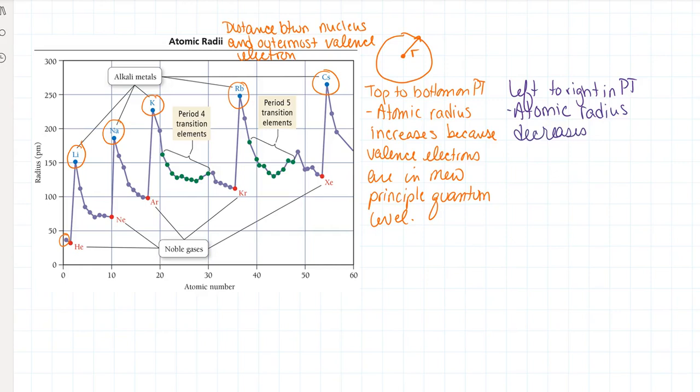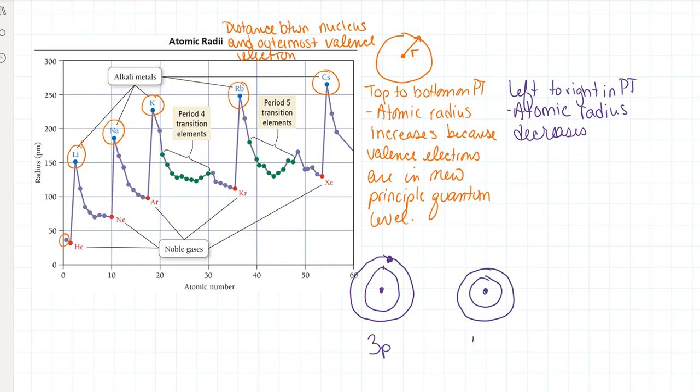And why do you think that happens? So let's think about this, right? If I take a look at an atom of lithium, I have 3 protons and 1 valence electron. So why is it then that when I take a look at, say, neon, that has 10 protons, my valence electrons are significantly closer to my nucleus?